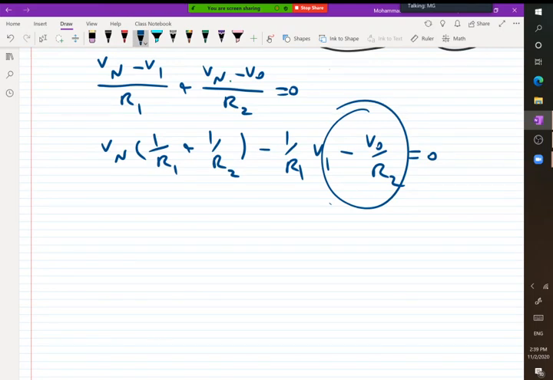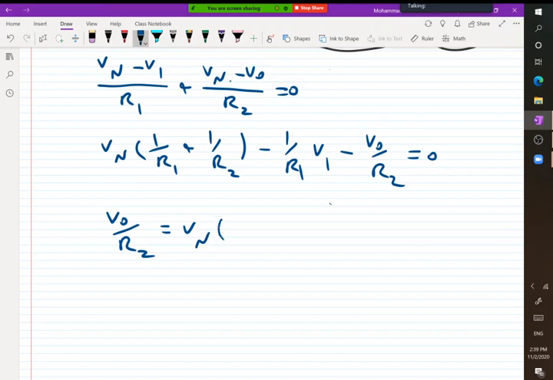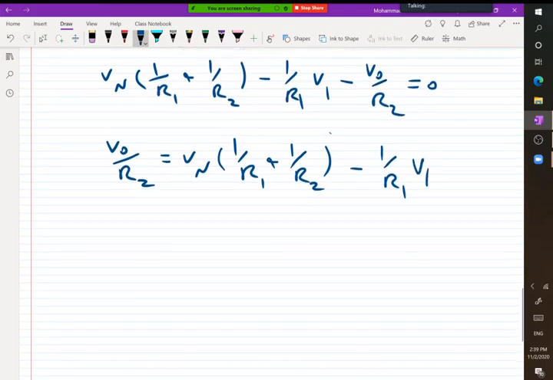We move the VO to the other side of the equal sign, so we will have VO over R2 is equal to Vn times (1 over R1 plus 1 over R2) minus 1 over R1 V1.